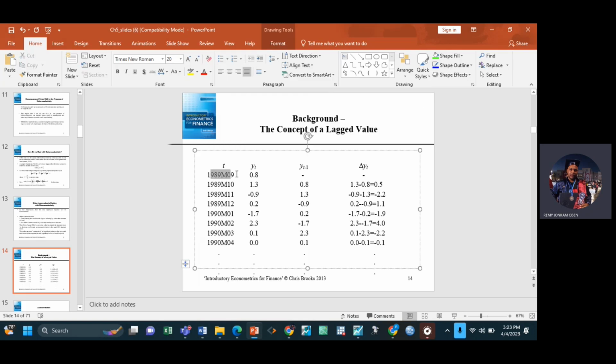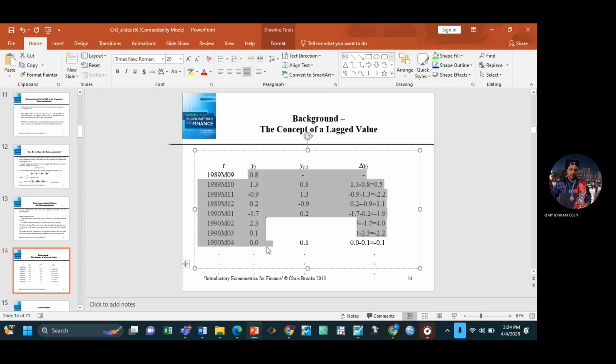Okay, let's say we have a time series. This is a time series, right? From the 9th month of 1989 till the 4th month of 1990. And we have these values. So in September 1989, we have 0.8. In October, we have 1.3. And right up till the end of the period. So these are our values, Yt.